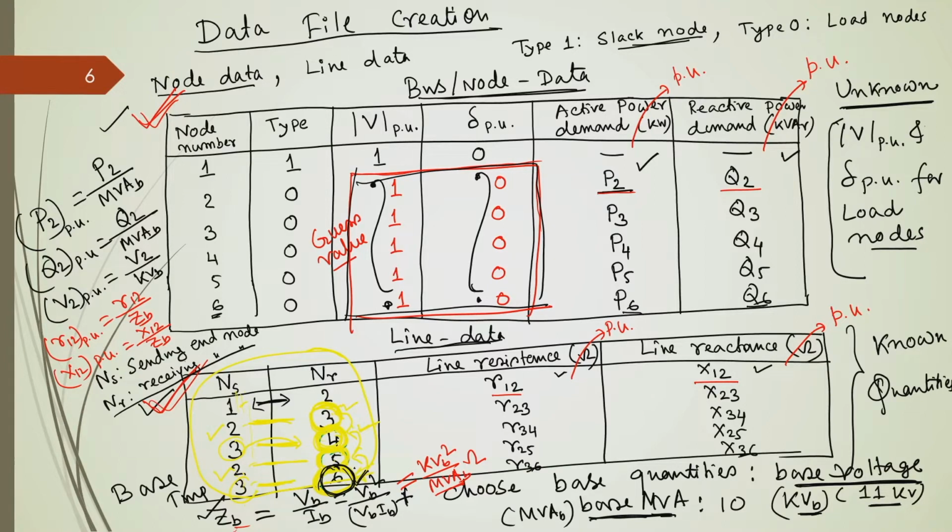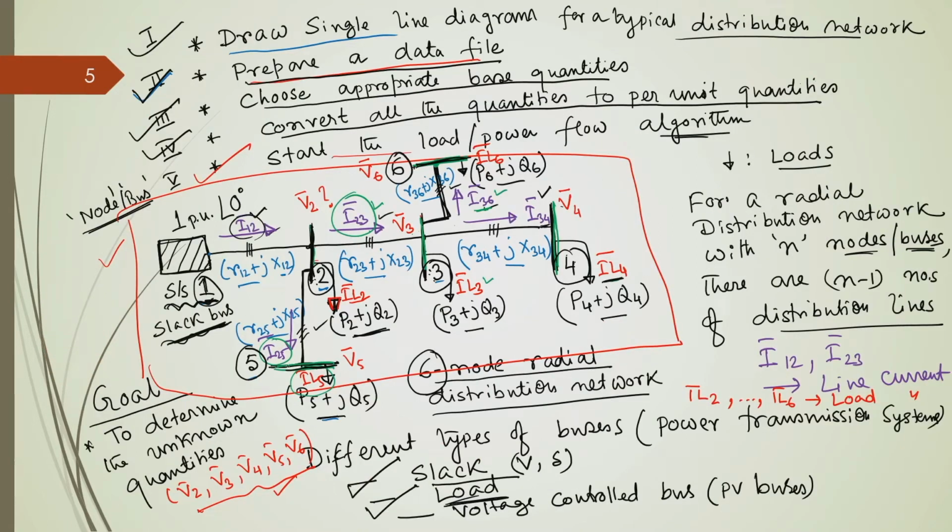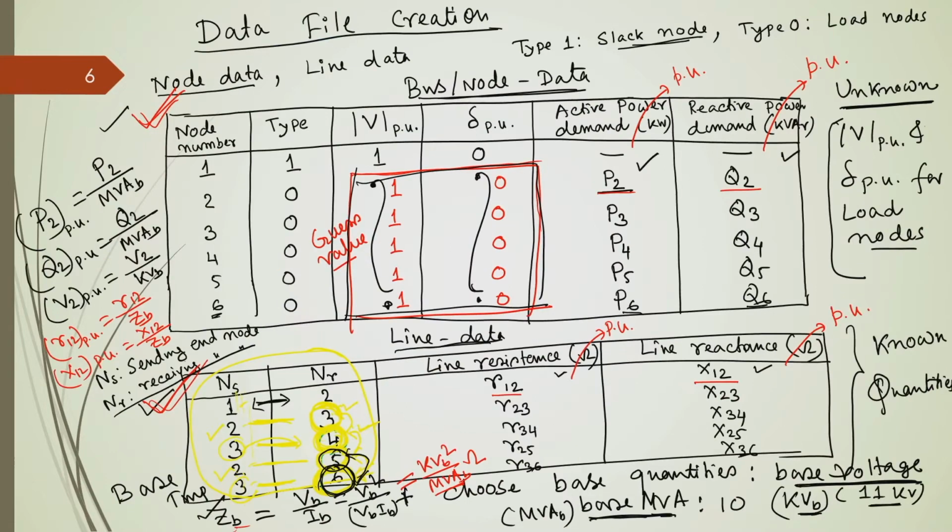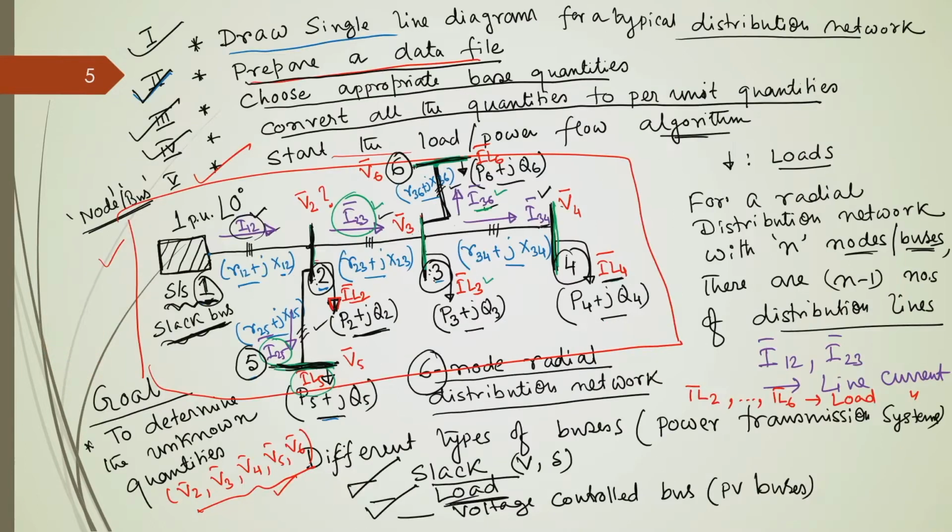Now, next you go to the next node, that is node 5. Again you check whether node 5 is appearing in the sending end nodes or not. So, it is not appearing. So, then you can understand that node 5 is also a terminal node. That means beyond that we do not have anything. So, if it is so, then of course, we can calculate this load current, and that load current would be the line current which is connecting node 5 from node 2.